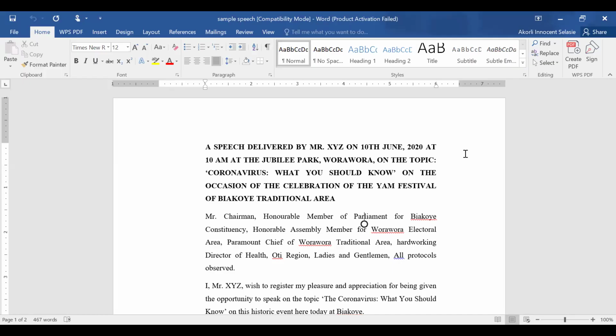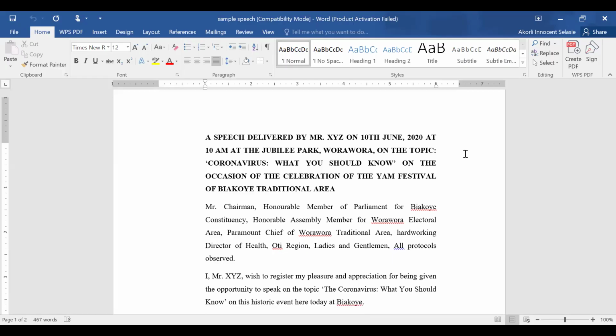Mr. Chairman, Honorable Member of Parliament for Biakuye Constituency, Honorable Assembly Member for Rara Electoral Area, Paramount Chief of Rara Traditional Area, Hardworking Director of Health, Oti Region, ladies and gentlemen, all protocols observed.